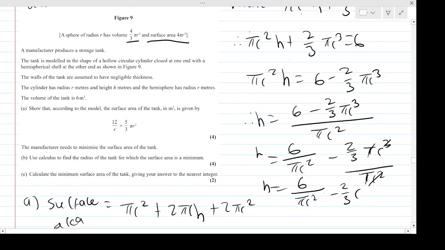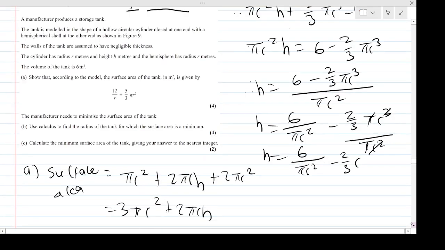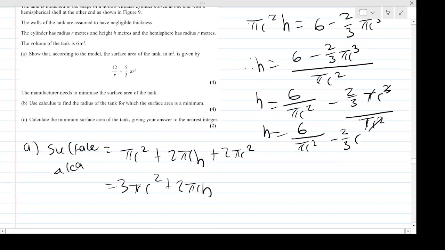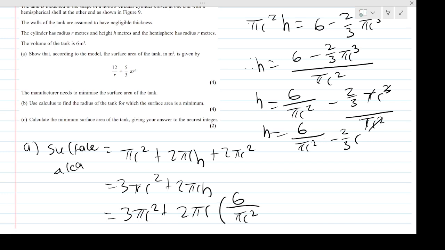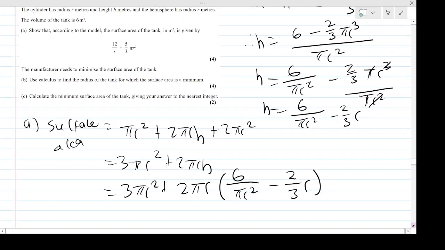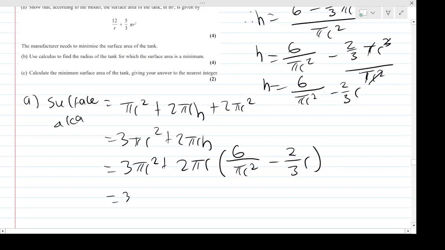I can substitute that into my surface area to then get that to be 3 pi r squared add 2 pi r lots of h, which is now 6 over pi r squared minus 2/3 r, right? And now I just expand this, so that'd be 3 pi r squared, add 2 pi r times 6, that'd be 12, right? 12 pi r divided by pi r squared minus 2 times 2 is 4 pi r.